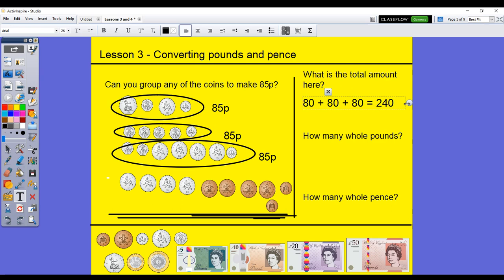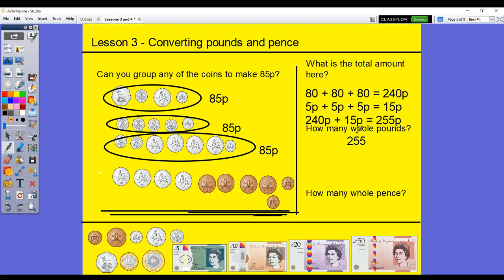Remember what we did in maths when we multiplied it by 10? Now let's add the 5p's. 5p, add 5p, add 5p: 5, 10, 15p. So we need to add 240 and 15p, which is going to equal 255p. Now we need to convert it into pounds and pence. Let's do what I spoke about earlier.